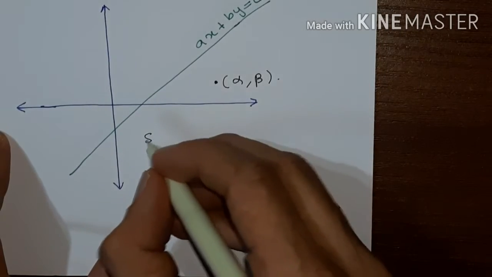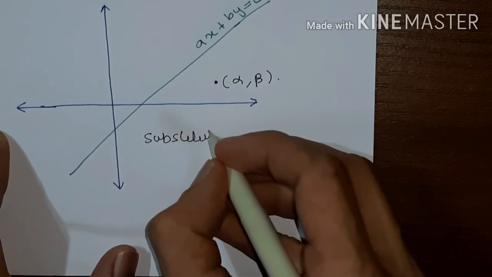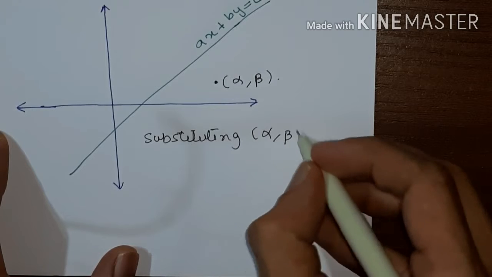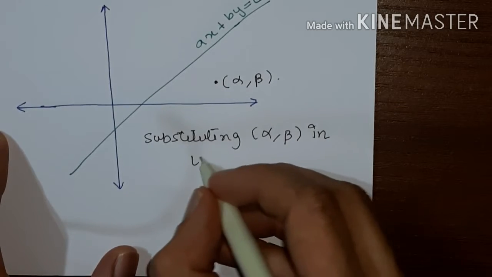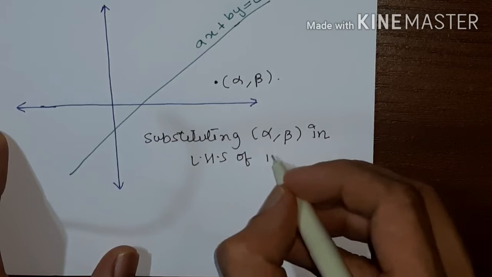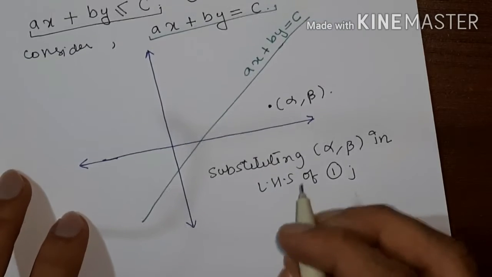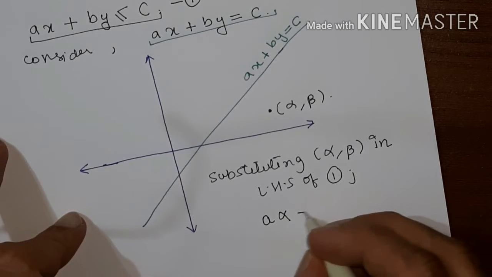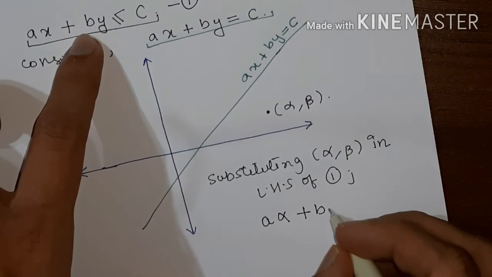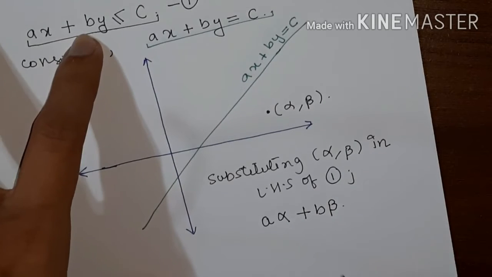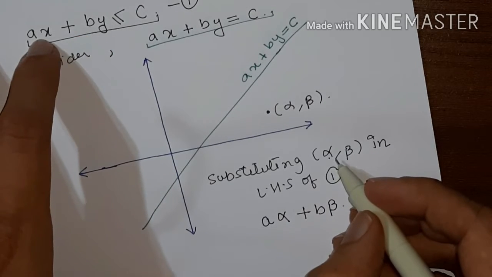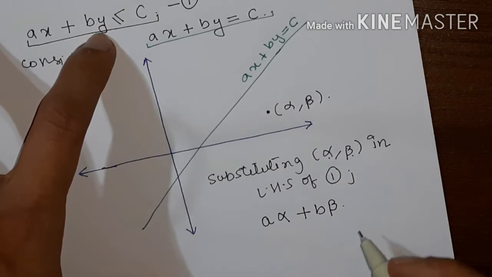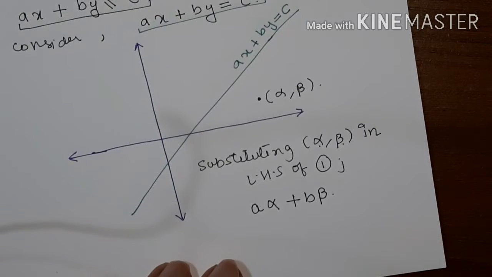Substituting alpha comma beta in the LHS of 1, what you will get is A alpha plus B beta, since alpha is the x coordinate, so x equals alpha, and beta is the y coordinate, so y equals beta.